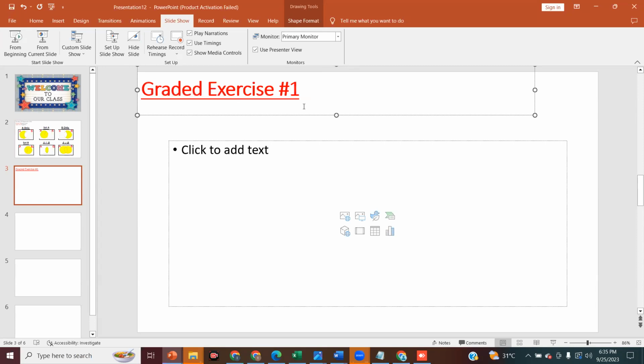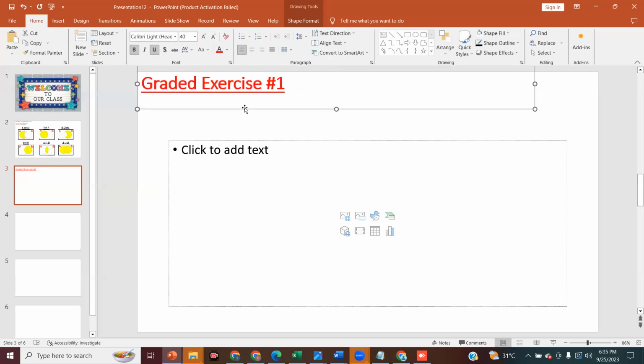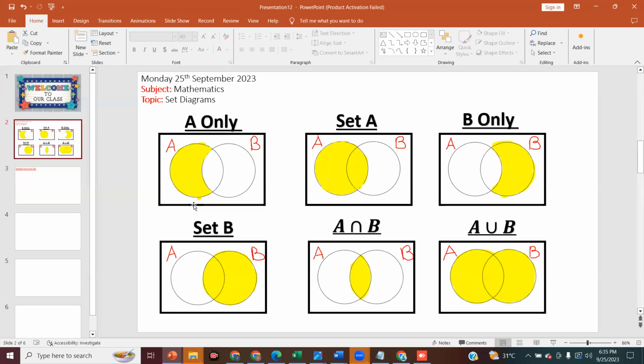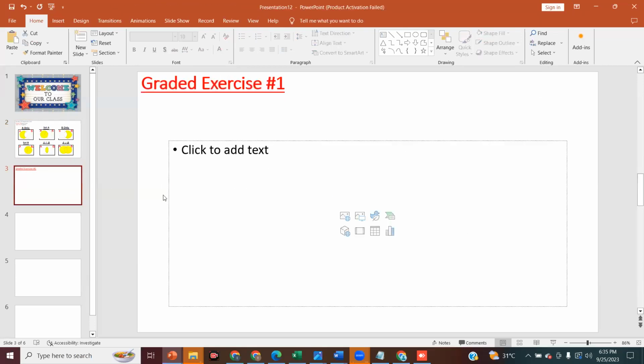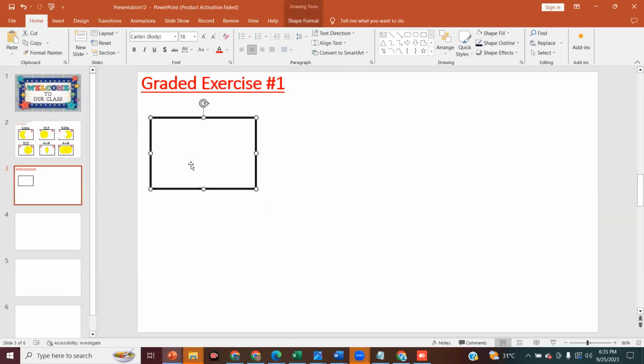For the graded exercise, I'm going to give you the diagram and you're going to figure it out. It's going to be 6 boxes, just like how we have. So draw your 6 boxes.